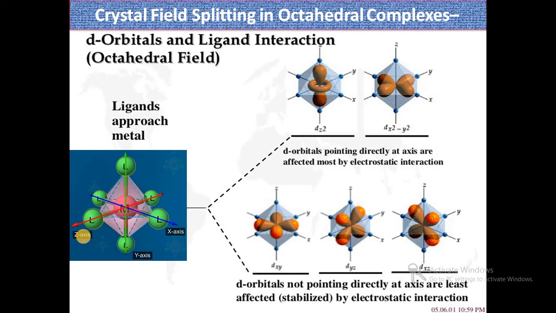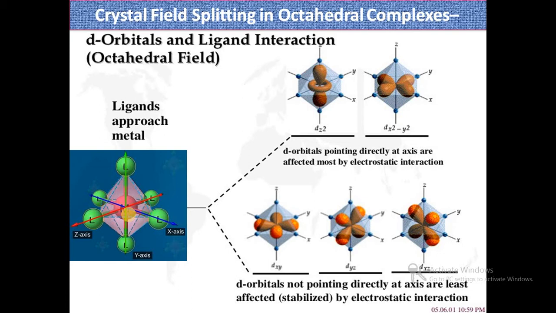The ligands are assumed to approach the metal ion along the Cartesian coordinate axes, that is x, y and z. In an octahedral complex, the metal is at the center of the octahedron as shown in this figure, while the ligands are at the 6 corners on the x, y and z axes.